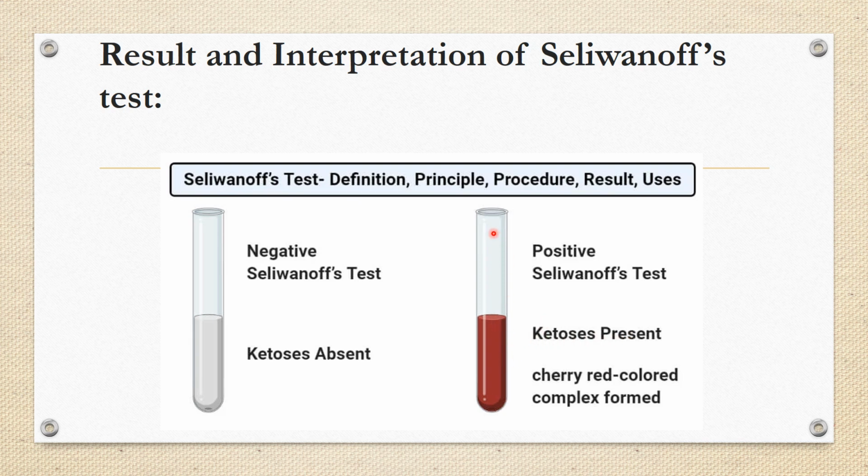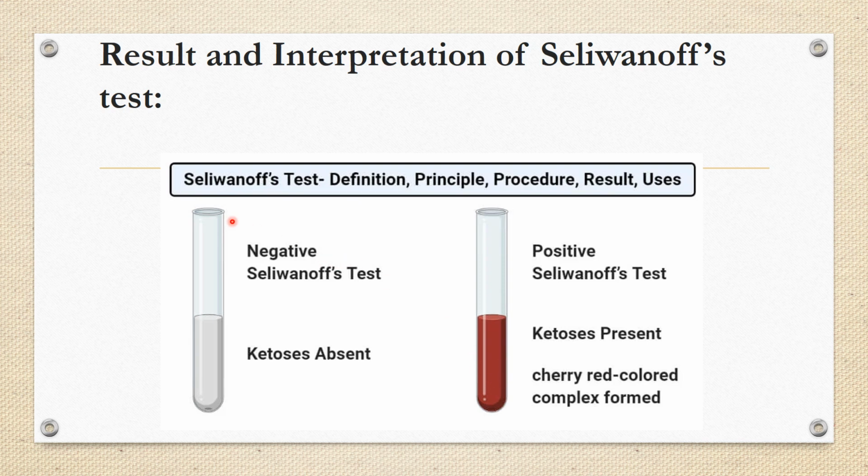If the sample was aldose, this color will appear but not deep, red to faint pink, after a prolonged time. But if it's ketose, that deep cherry red color will appear. So this is a positive Seliwanoff test.